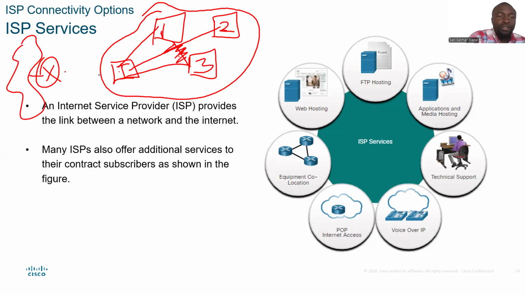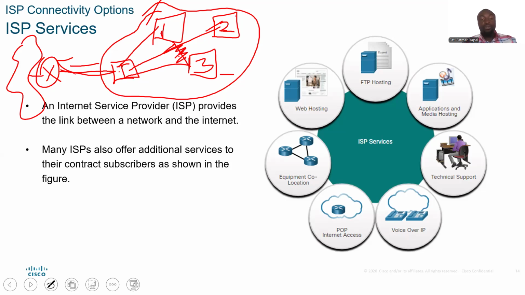So it will connect you like this. Anybody here, whether 1, 2, 3, that wants to access any resource outside their local domain, the traffic will have to go out through this guy. So the internet service provider provides the link between a network and the internet.